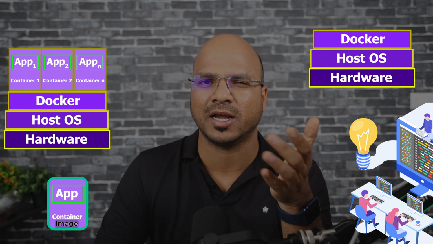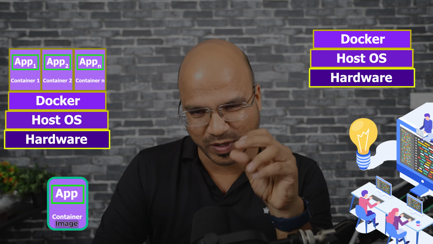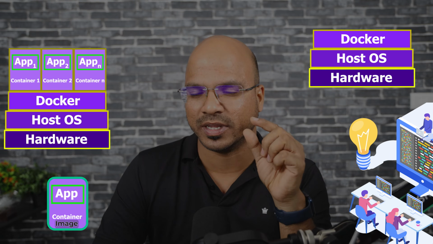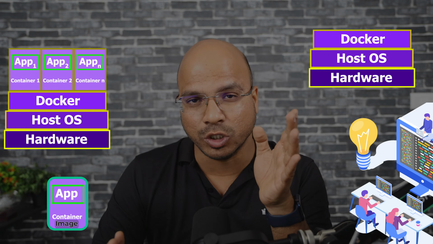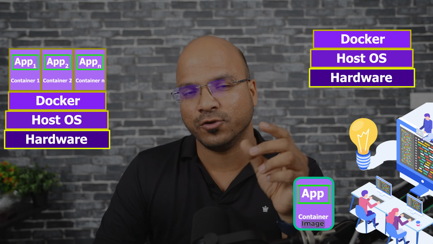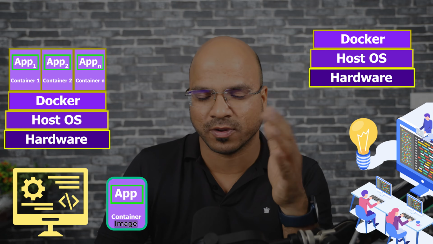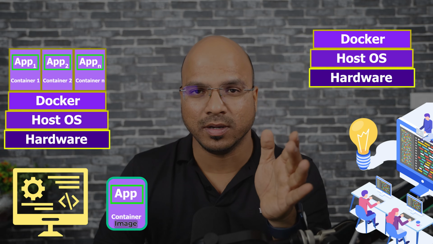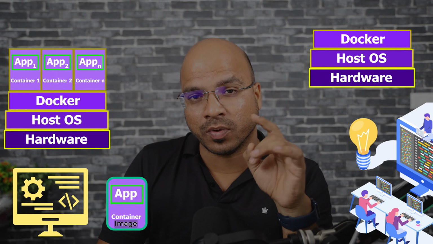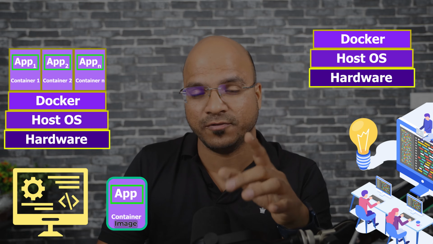Now what is an image? An image is like a blueprint of it. It's a lightweight file of your running container, which you can simply save. It will create an image, and then you can simply use the image to run the containers on some other machine. So let's say if you get this image on your machine from someone else, you can simply run Docker and load this image and it will run the container. And with one image, you can run multiple containers, not just one, if you want to scale it.